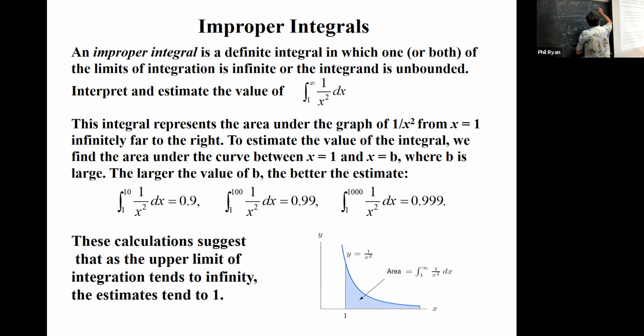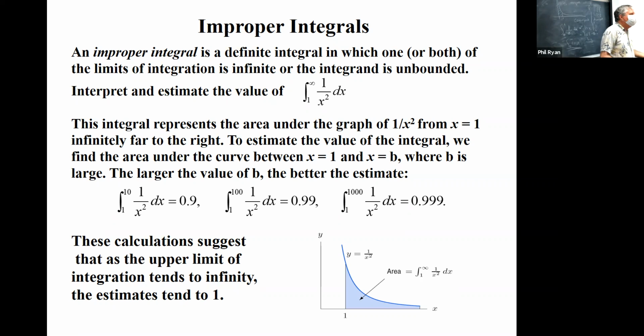So we get minus 1 on x between 1 and our number b, which is 1 minus 1 on b. Right, so if b is 10, then this area is 1 minus a tenth, which is 0.9. If this number is 100, then it's 1 minus a hundredth, and if it's 1,000, it's 1 minus a thousandth.